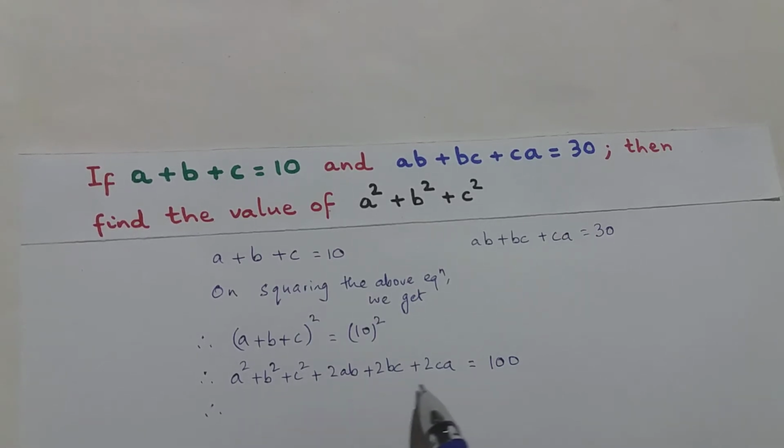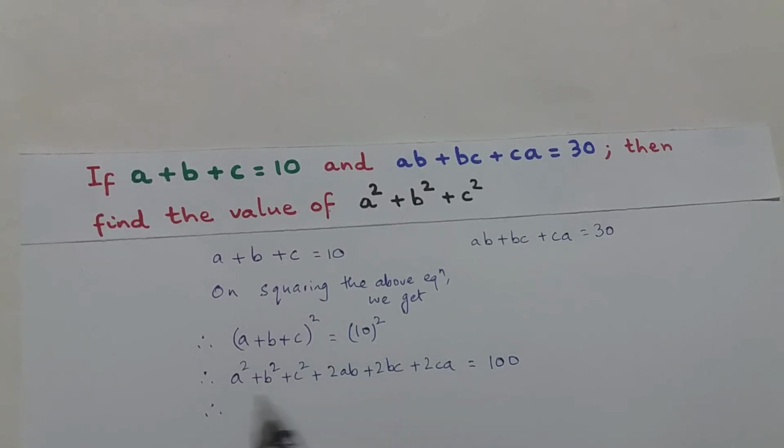Now look into the expression that we have on the left hand side of this equation. We have A square plus B square plus C square plus 2AB plus 2BC plus 2CA.